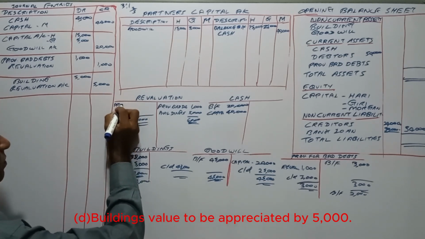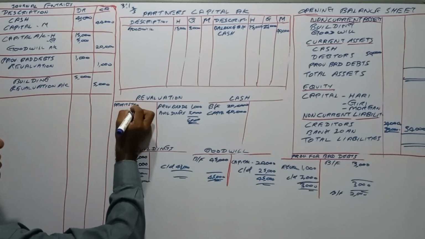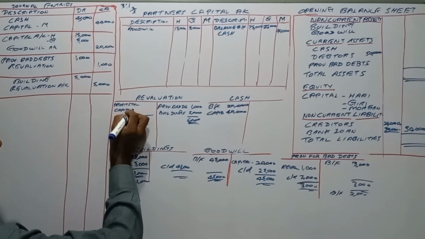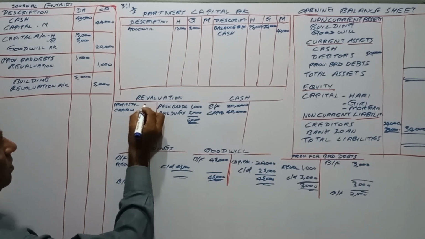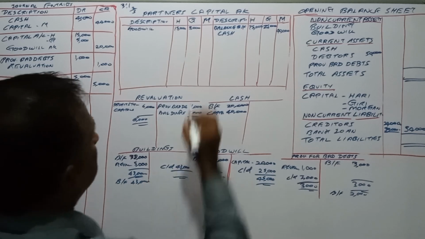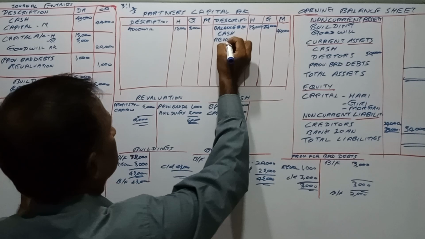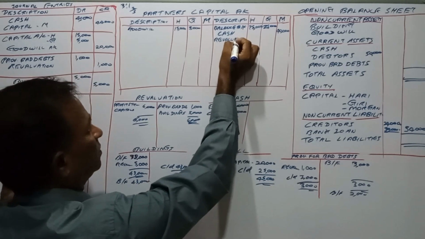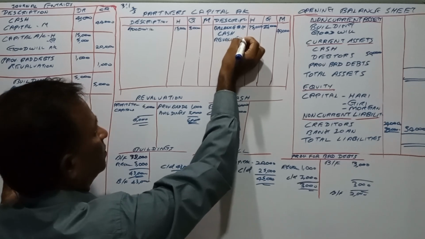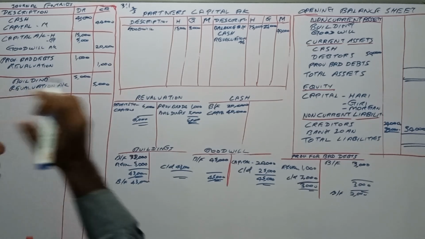Profits transferred to capital account: 6,000. Here, in the revaluation account, 6,000 in the sense how much Harry and Giri have to get.